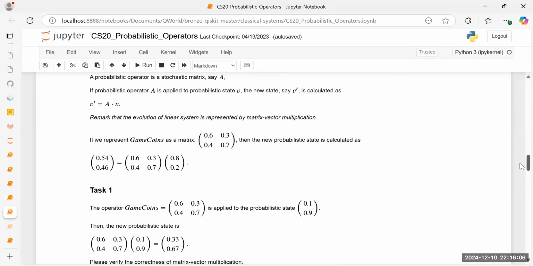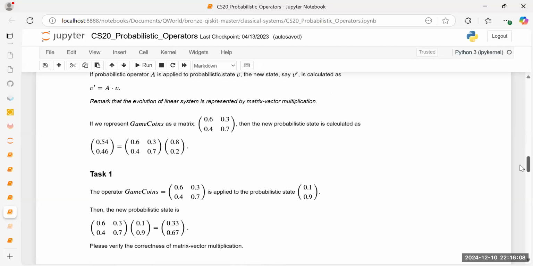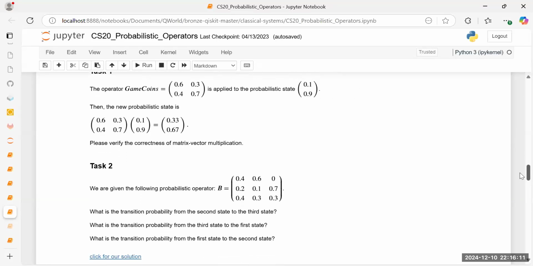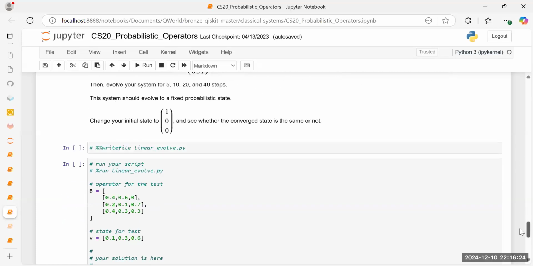So we could have a probabilistic state that represents a bias coin. And when we apply some probabilistic operator, we get a new probabilistic state with new entries for a different bias coin.